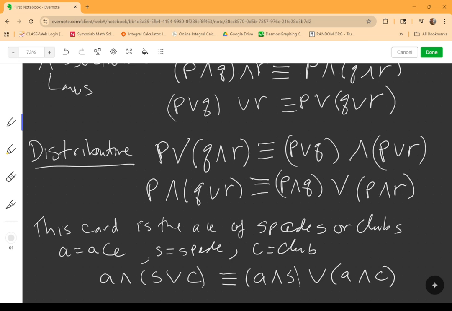So that's a way to think of the distributive laws.